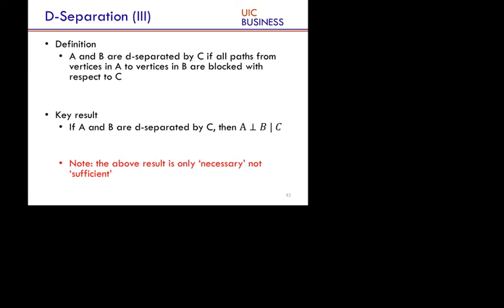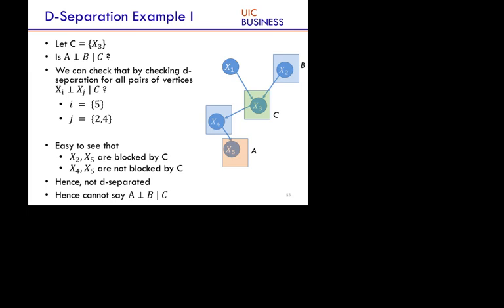So there is an example here, which is this, right? Let's say C is this, again, X3 only. But now A is this and B is these two vertices, okay? I've just defined A as the set of one node, B is a set of two nodes, C is a set of one node, okay?